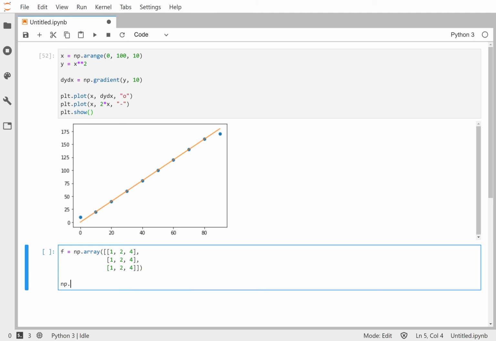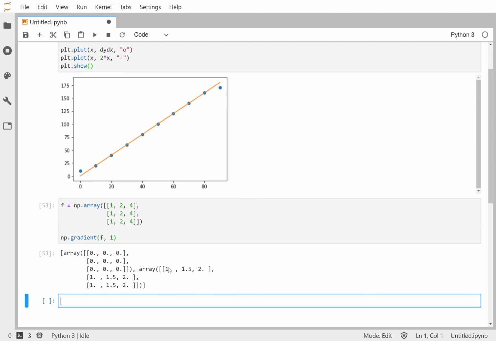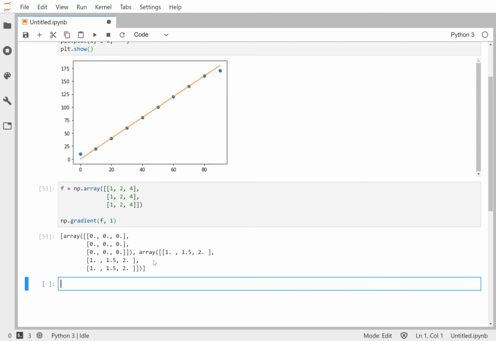Let's look at when we run gradient, what comes out. So np.gradient of f, and it's a good idea to have some kind of spacing explicitly in here just so you don't forget to do it, even if the default I think is 1. We'll just explicitly put the 1 in there. Okay, and so what comes out? What comes out is a tuple of values, which if you think about mathematically how the gradient works, the gradient is supposed to give you x components and y components, so yeah, you're going to get 2 values.